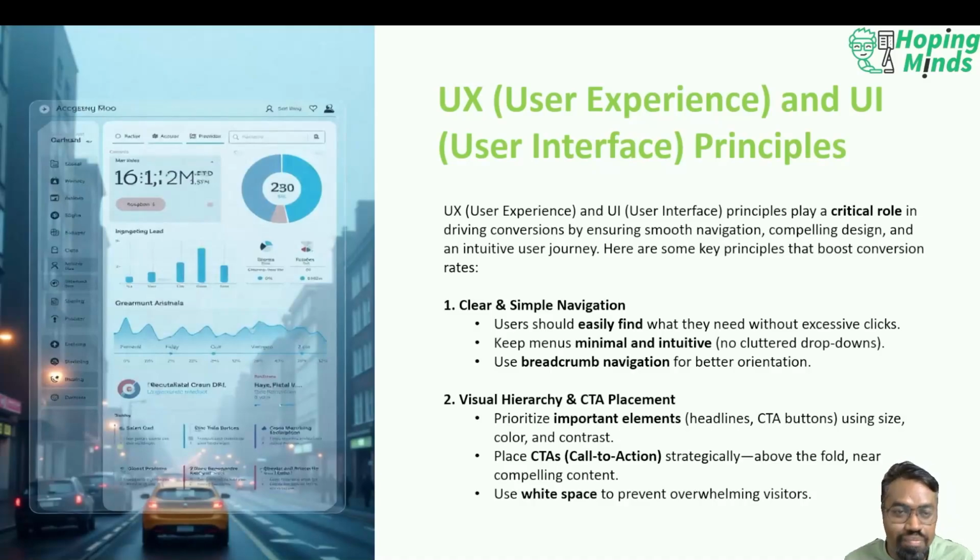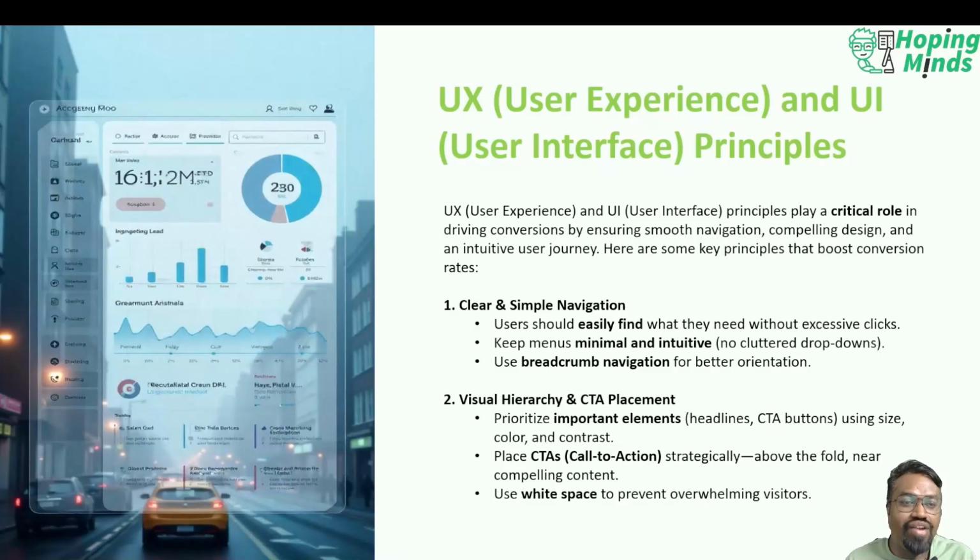When I say simple to navigate, that means the menu should not be cluttered, right? The menu should be very clear. There should not be too many drop-downs on the menu bar, right? It should make the user hooked to the website. That's the important message I wanted to convey through this point.